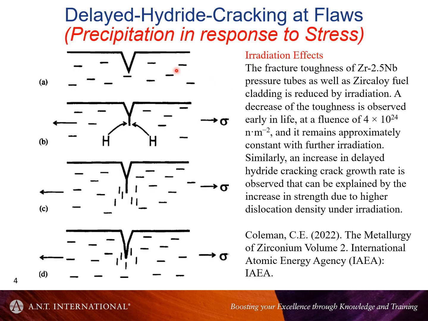Schematically, what you have is you have a flaw. You have to have a flaw for hydride cracking, delayed hydride cracking, to occur. Hydrogen diffuses to the crack tip, and you get a larger hydride precipitated here. You might get other reprecipitated hydrides depending on the stress field around the crack tip. And then once the hydride gets to a certain size, certain dimensions, I guess you have to be an expert on fracture mechanics to deduce what that size should be.